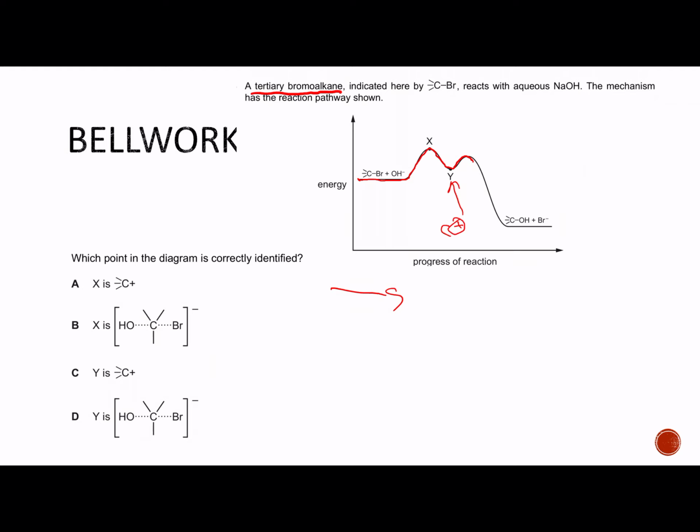So the answer that makes the most sense would be C. The reason we're going to take out B and D as possible options is because those intermediate states only exist in SN2 primary reactions, where one nucleophile kicks out the other nucleophile immediately, and there is no carbocation. And X is right when the reaction's about to happen, but it is not the established carbocation.